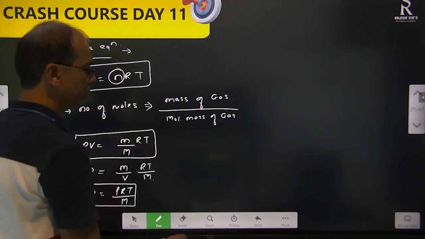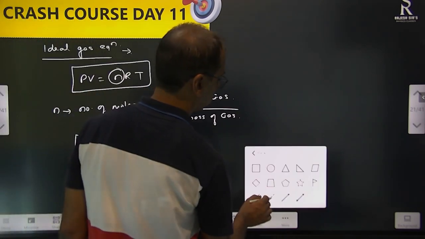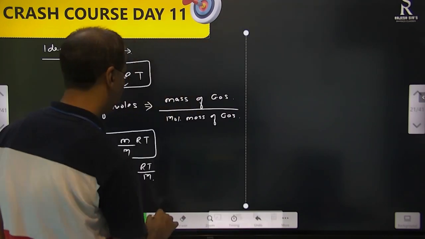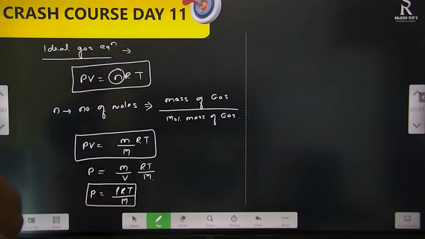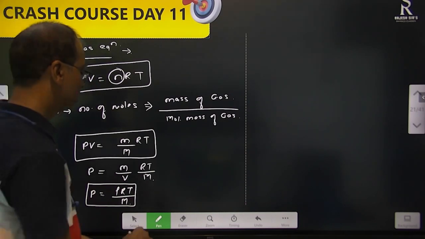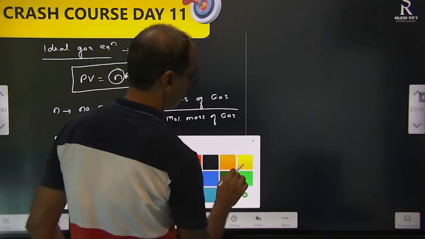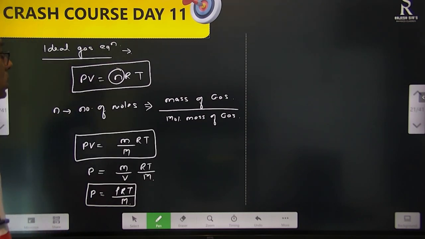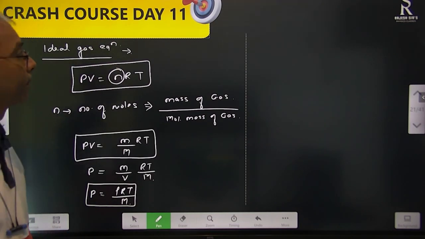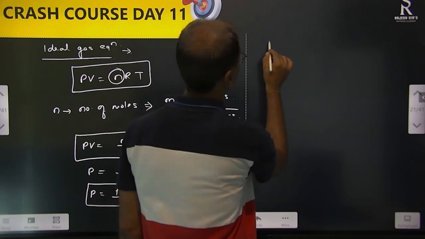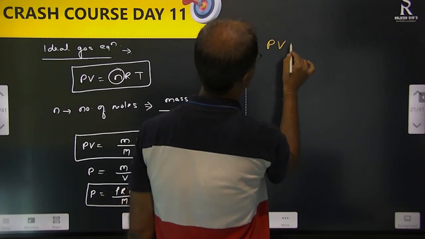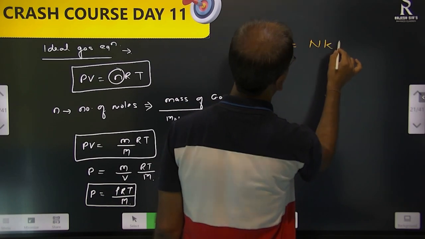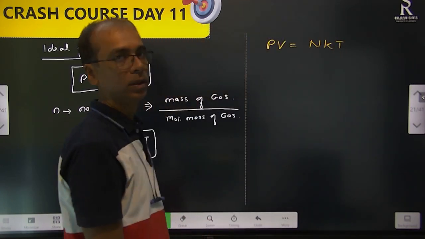Okay. So when we are talking about the number of moles, we use this ideal gas equation in these three forms. But if we are going to use it for the number of molecules, then what does it become? Now, the same equation, if we use it for the number of molecules, becomes PV equal to NkT.